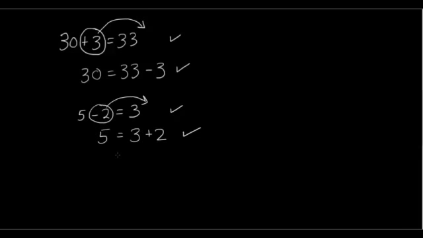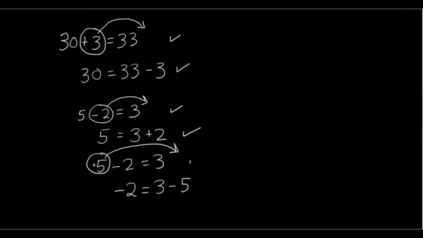Now the same thing works with numbers that don't have a sign. So in this equation, for example, 5 minus 2 equals 3. The number in front of 5, because it's a positive 5, right? If we move the 5 to the other side, it becomes negative 2 equals 3 minus 5.